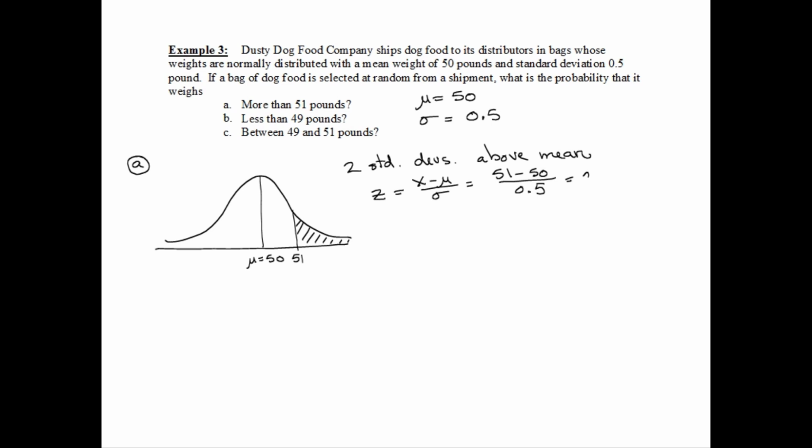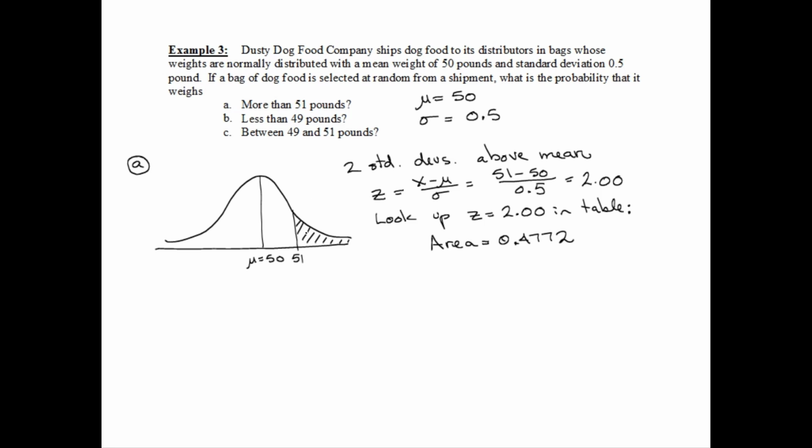Which is 2.0, as we already noticed. So we look up z of 2.0 in our table, and we find that our area is equal to 0.4772. Now this is not the area that we want. That's not what we just found.